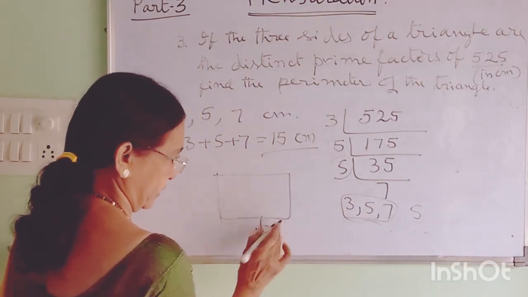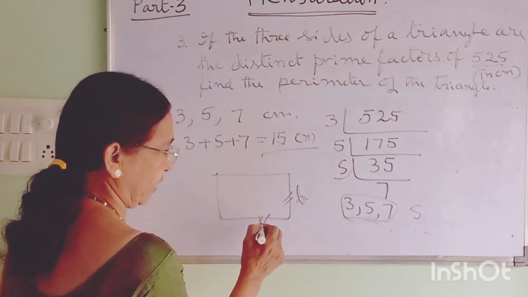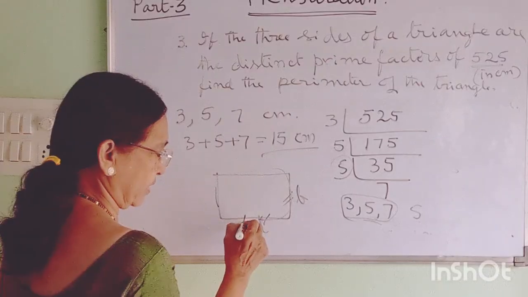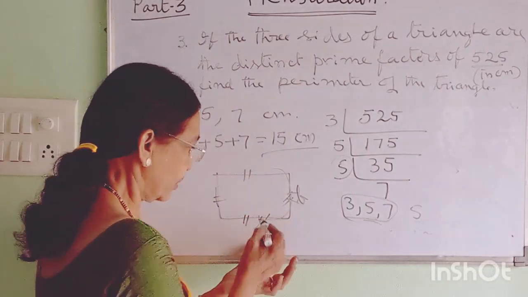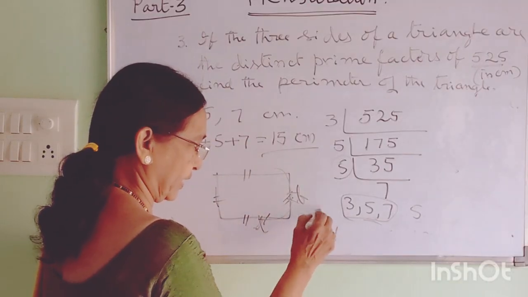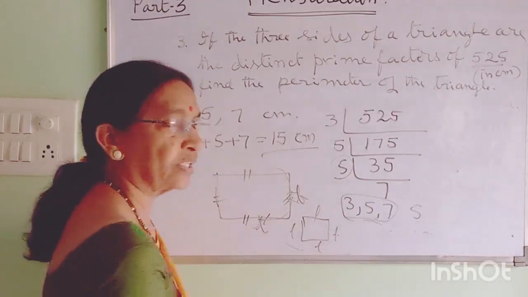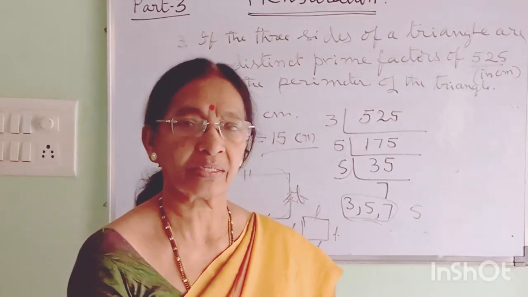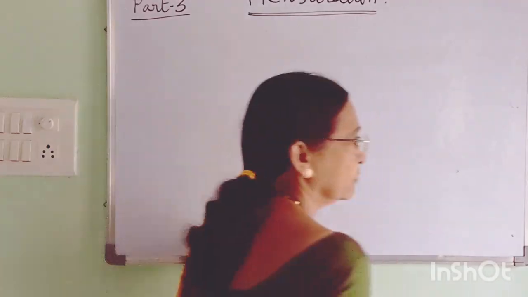This is breadth, this is a length, and this is breadth. If these two are equal, the four sides are equal because opposite sides are equal. So if these two are equal, then all 4 become equal: L, L, L, L, because L is equal to B and B is equal to L. Therefore, if the length of a rectangle is equal to the breadth of a rectangle, then it is a square.